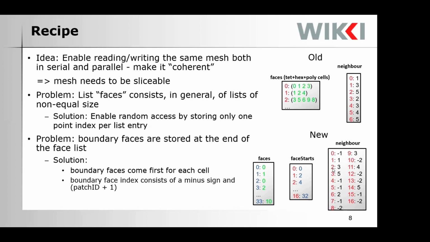We changed the neighbor list. The neighbor list gives me a cell number, which is the neighbor of my face, right? So there is a face owner, that's the owner array, and there is a face neighbor. And previously, this neighbor list ended when we came to boundary faces, right?